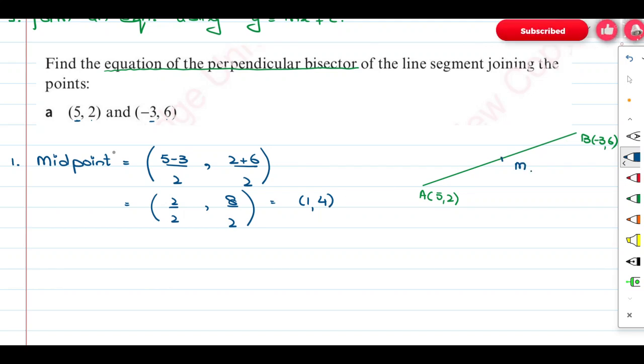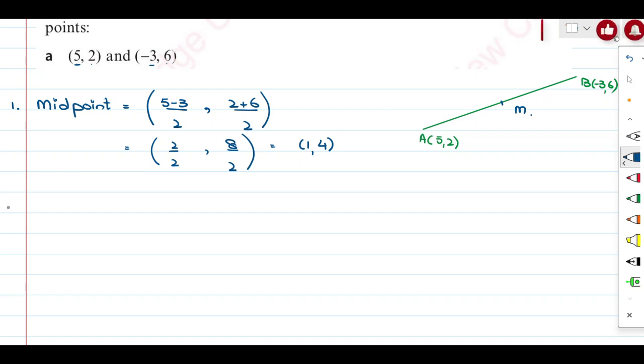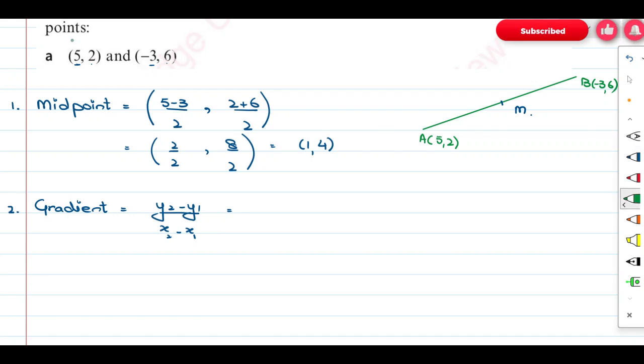After getting the midpoint, the next step is to figure out the gradient of that line, using the formula (y2 minus y1) divided by (x2 minus x1). Now this first point is my x1, y1.